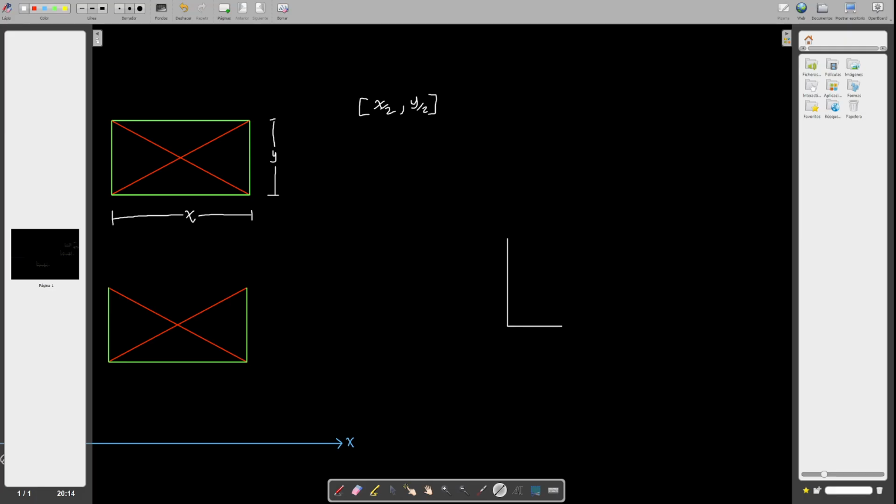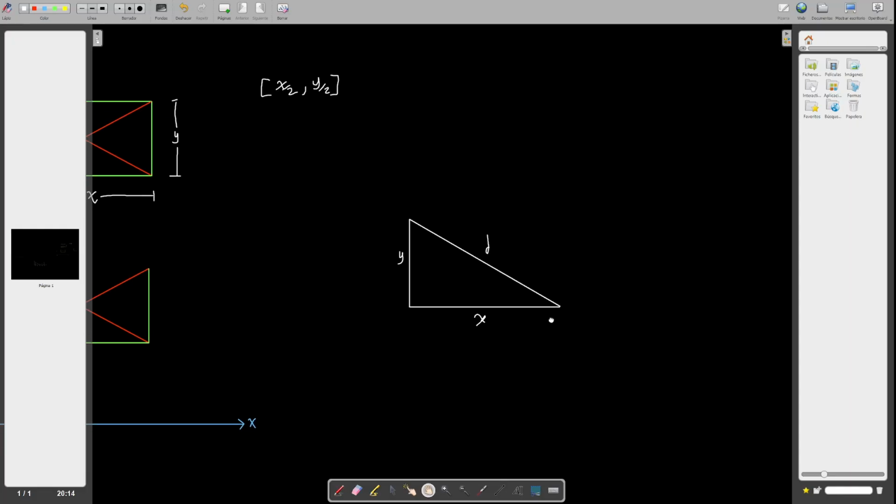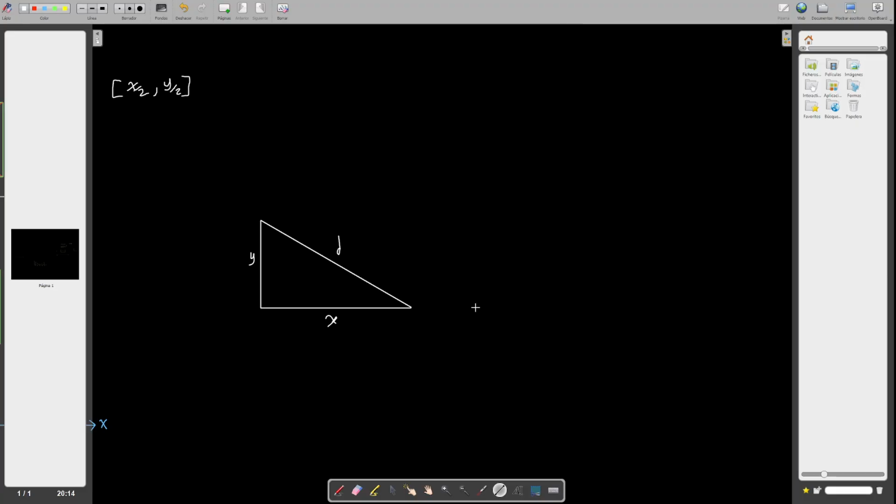This is going to be y, this is going to be x, and this is going to be a distance of whatever distance, let's call it d.